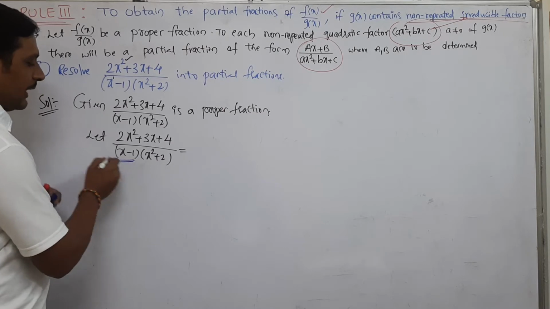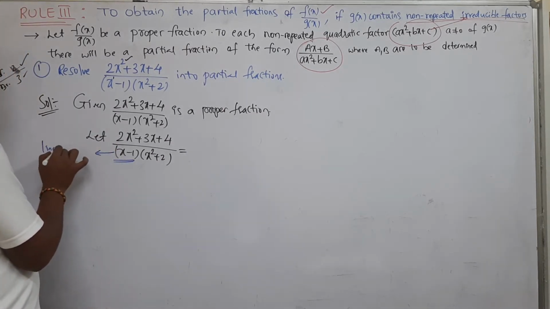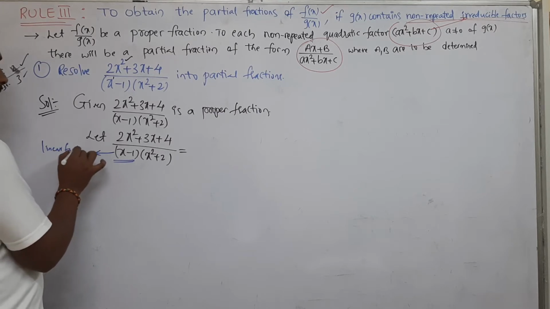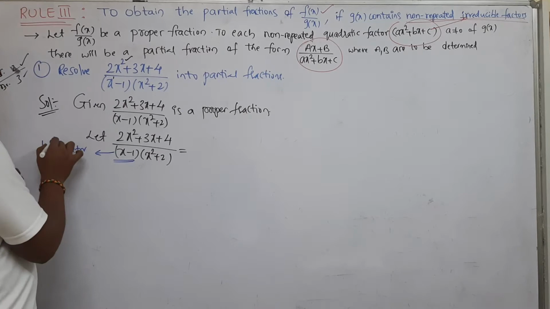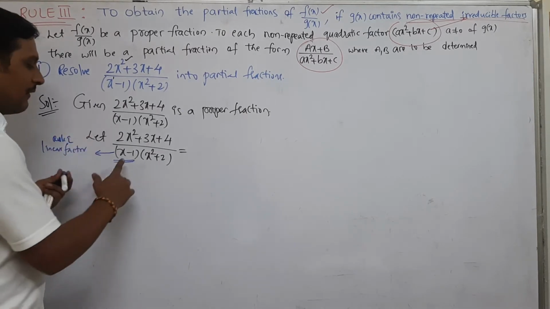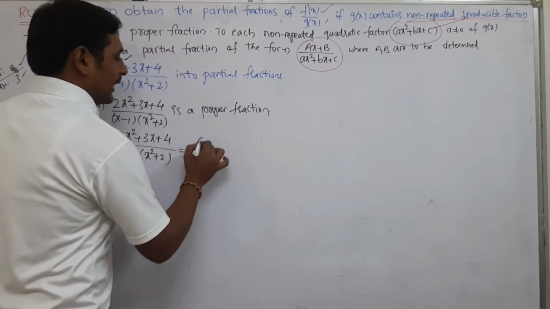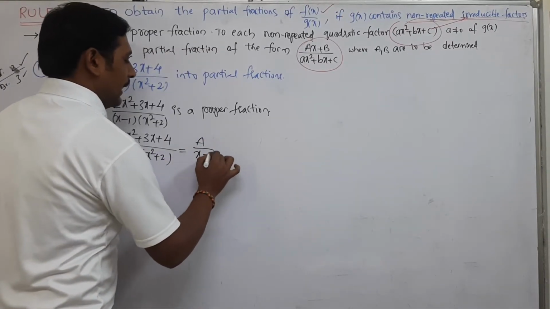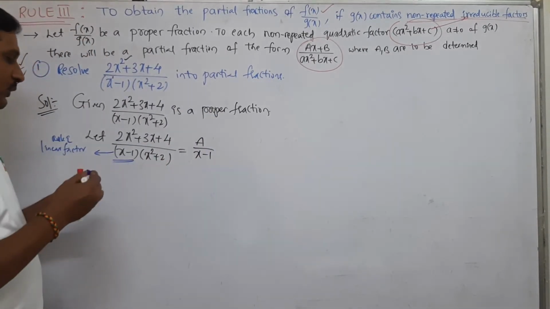What is this x minus 1? x minus 1 is a linear factor, so it comes under rule number 1. In rule number 1, for each linear factor we write a partial fraction of the form a by ax plus b. So a by x minus 1.